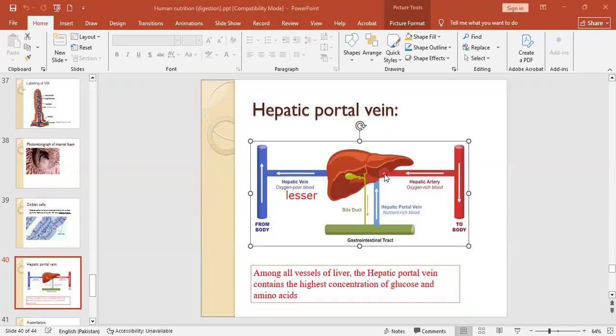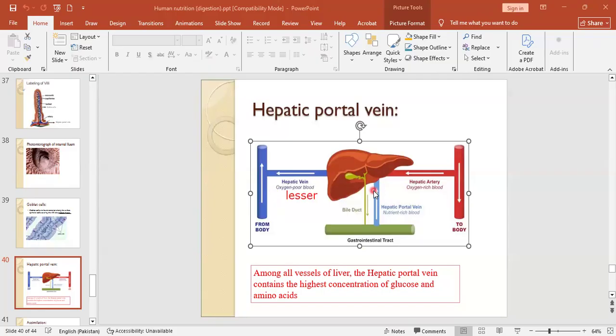So which vessel carries oxygenated blood, vein or artery? The artery. So if the blood is coming towards the liver, that artery is called the hepatic artery. And the vein carries deoxygenated blood, so it's going out of the liver, that's called the hepatic vein.